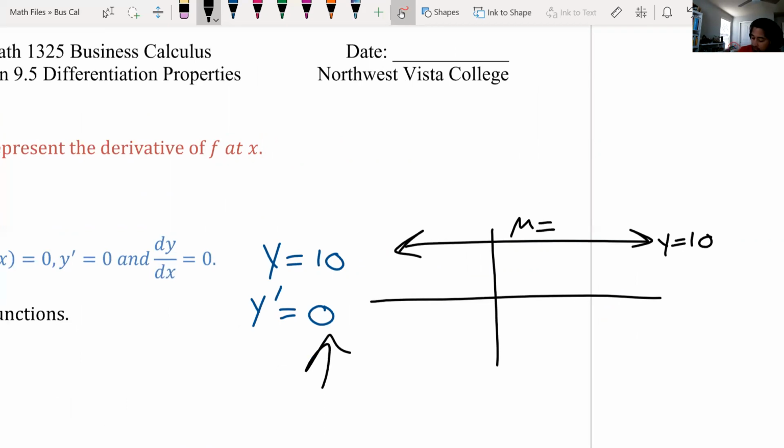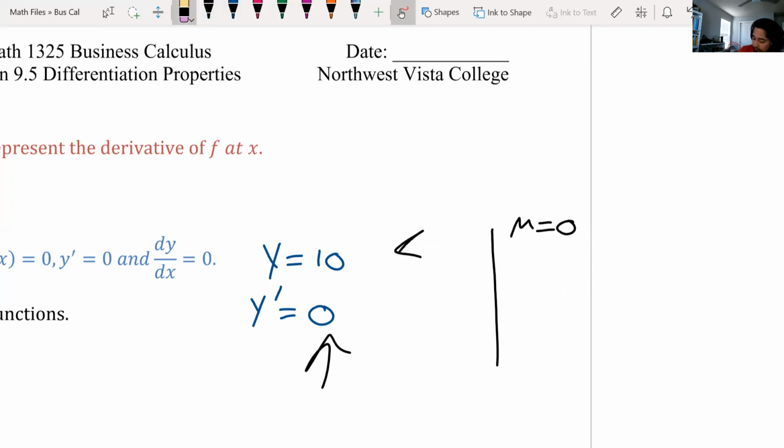So this slope would be 0. So remember, whenever you're finding the derivative, you are finding the slope of that original function. So if our function's y equals 10, the derivative of that would be 0. Or we could say the slope of that function would be 0. So that's pretty neat.